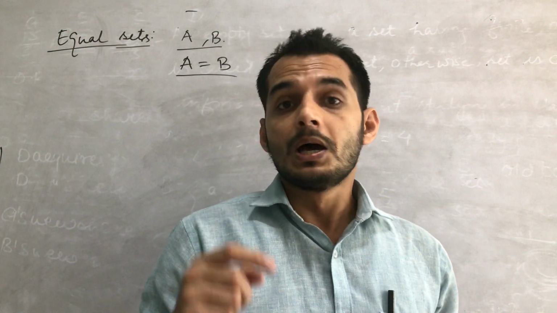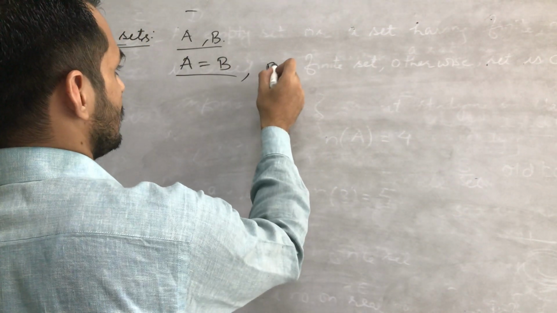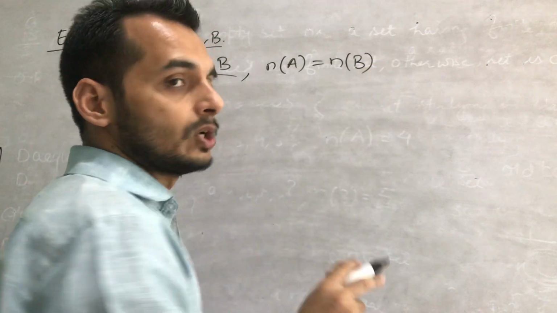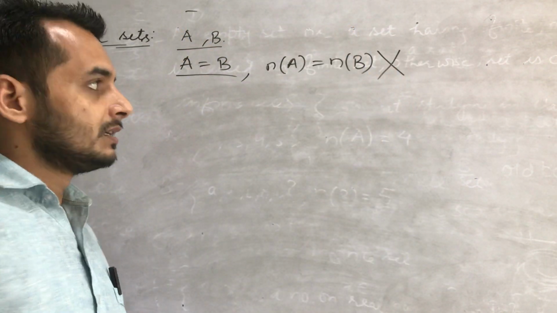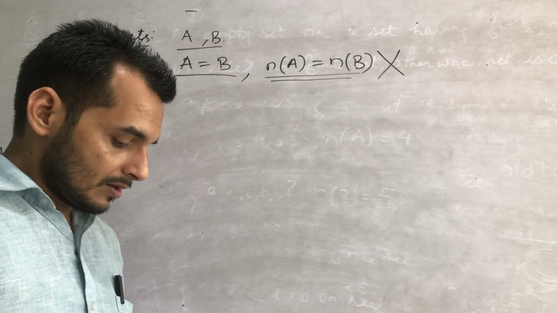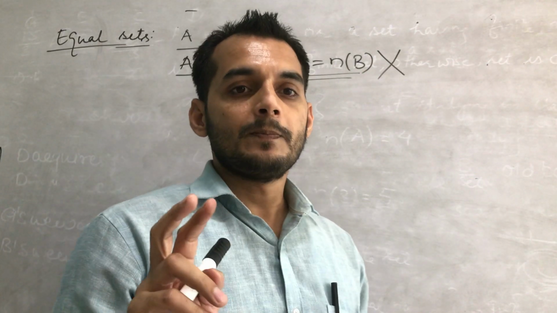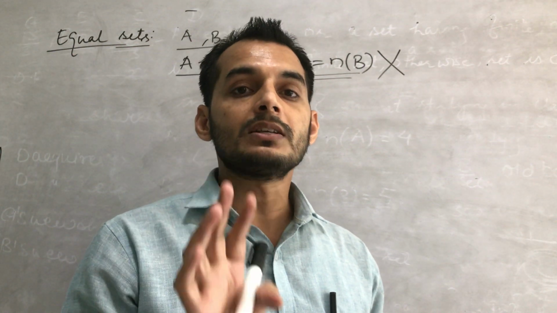Is it that the number of elements of A equals the number of elements of B? No. These sets will not be equal. Okay. Then two sets are equal when all the elements of both the sets are the same.